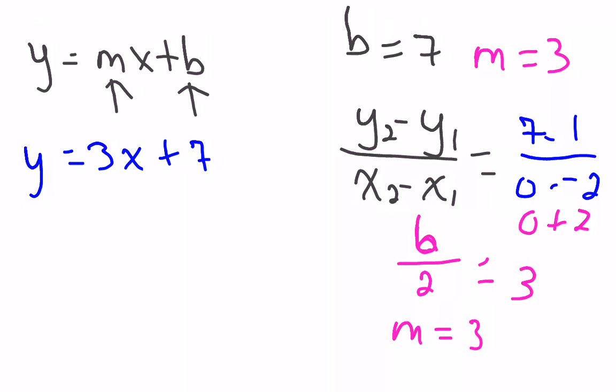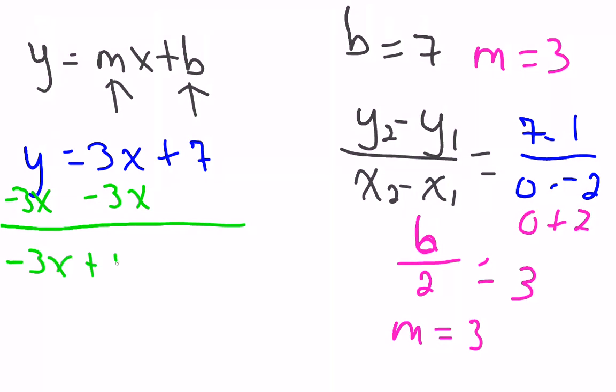That means we need the x and y on the left side and our constant on the right. So this x term needs to move to the left. Same way as anything else, we do the opposite. To undo a positive, we subtract, so we subtract 3x from both sides. Now we have negative 3x plus y equals 7.